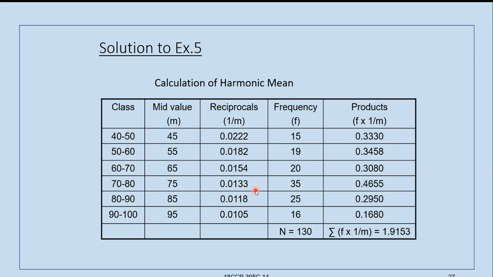So total frequency n is equal to 130, and sigma f into 1 by m is 1.9153. That means 130 divided by 1.9153. So applying the formula, we will get the result.